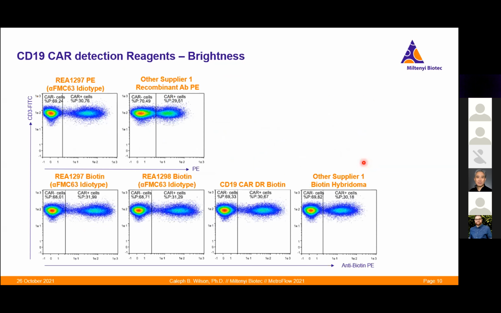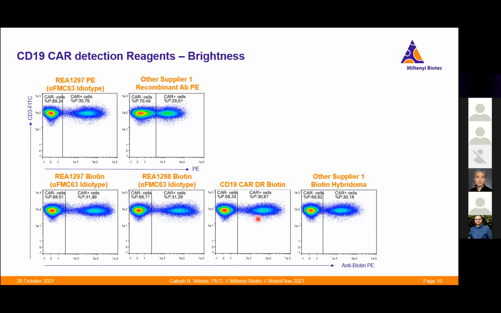We move into other types of reagents. So for instance, our idiotype for the FMC clone, what we see is directly conjugated to PE versus a competitor. You can clearly see the nice separation and clear signal with the positive population. And when we compare this to our other reagent, we have 2 clones of this. We get nice bright signaling for both.